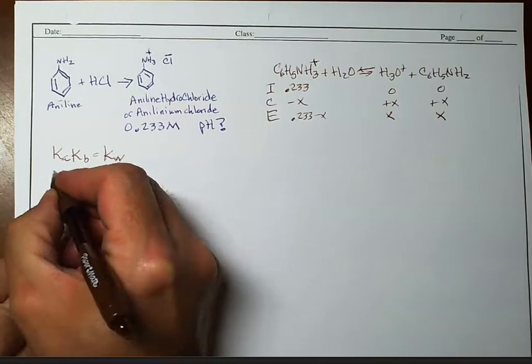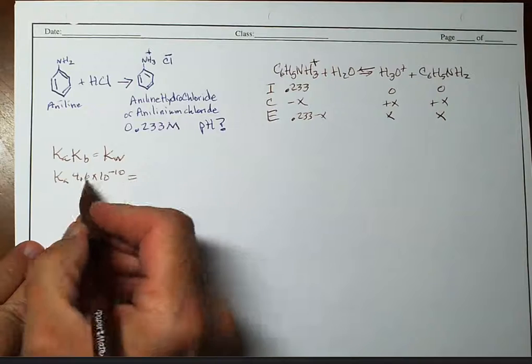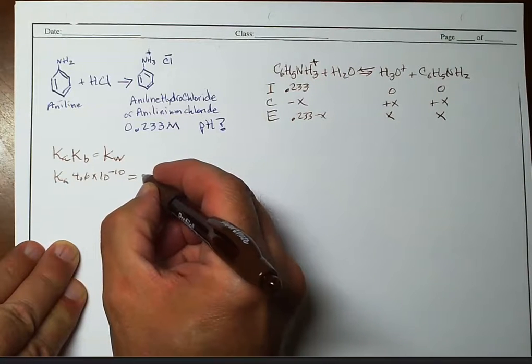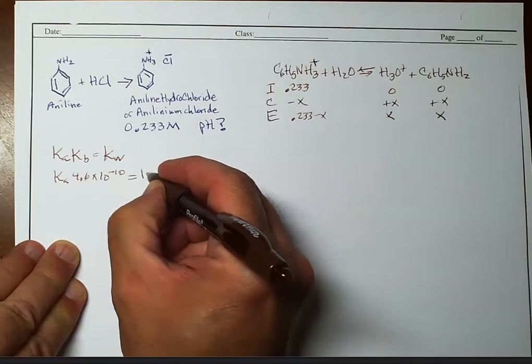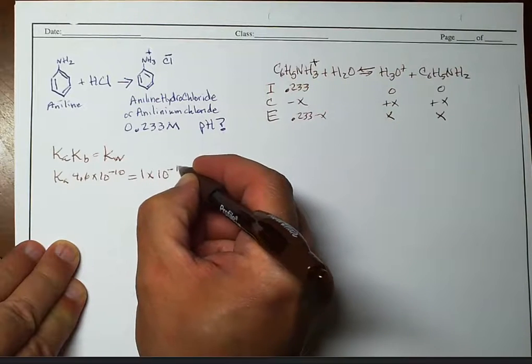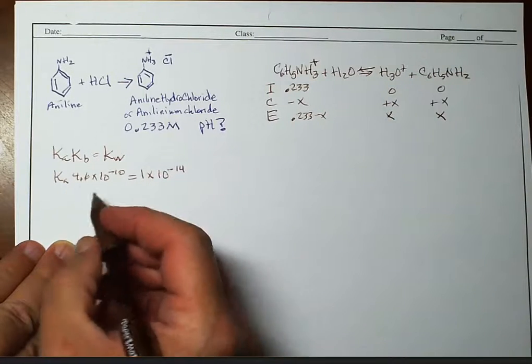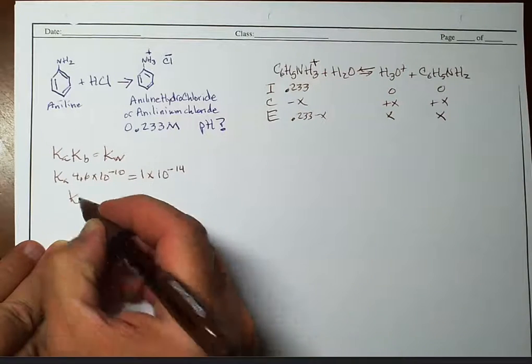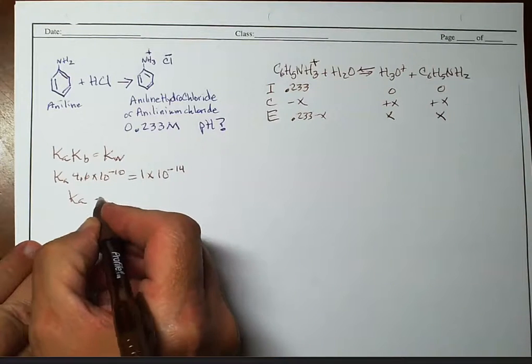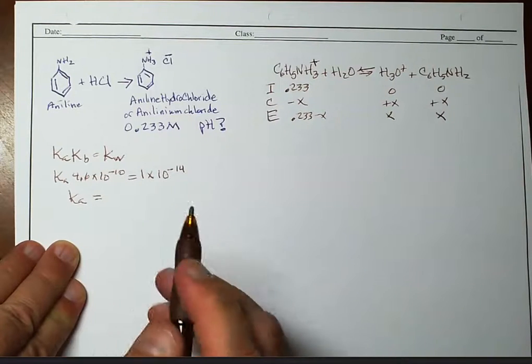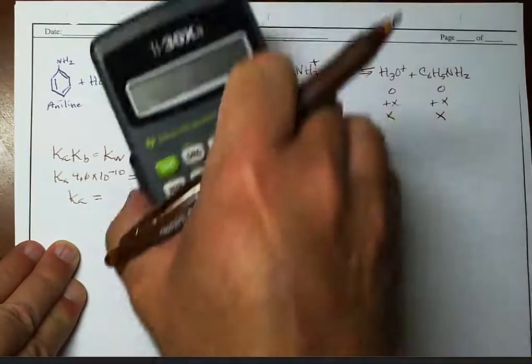If we multiply that times Ka, we will get Kw. And I hope you remember, Kw is constantly 1 times 10 to the negative 14. So we'll divide each side by the 4.6 times 10 to the minus 10, isolating the Ka on the left. And this divided by this, well, let's find out.